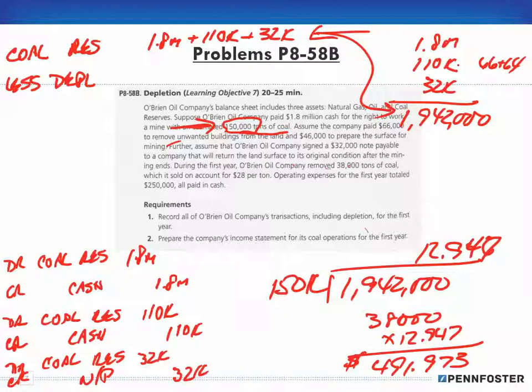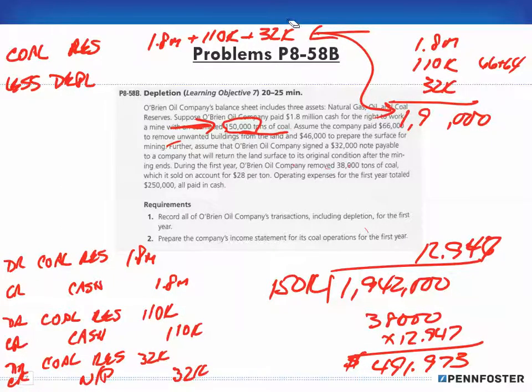All right, so I have 1,800,000 plus 66,000 plus 46,000 plus 32,000. It's all in my math. That's wrong.